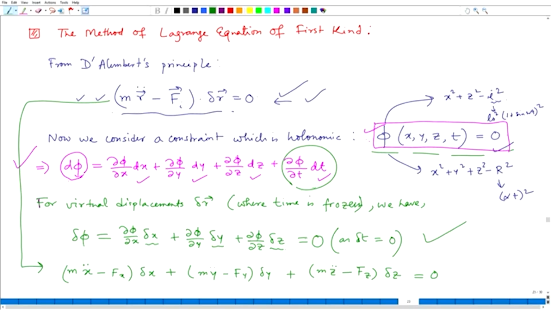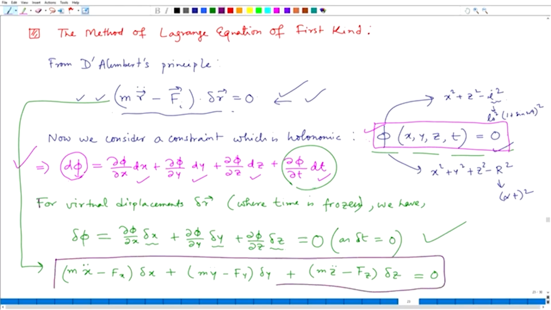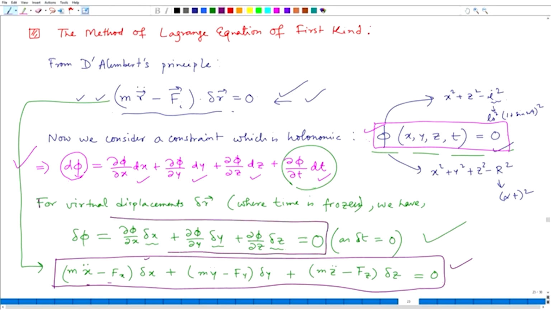So, I have now two equations. One is this, where delta x, delta y, delta z are related by some other functions and finally gives a result which is 0. And I have these where also some combinations of delta x, delta y and delta z are adding up to be 0.